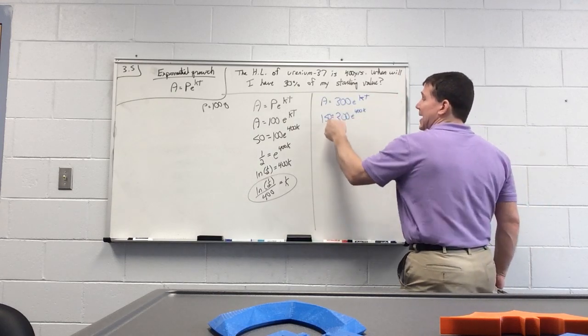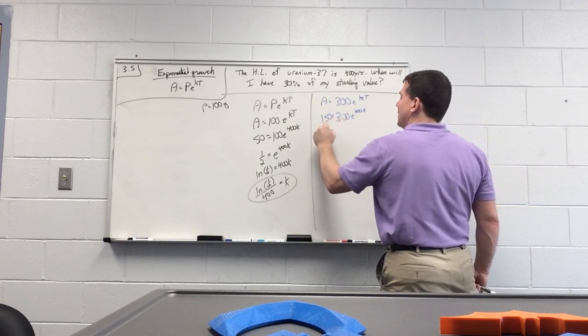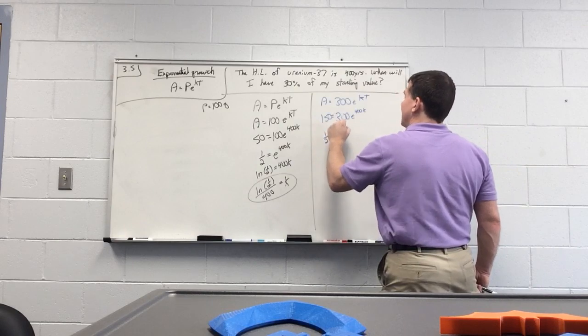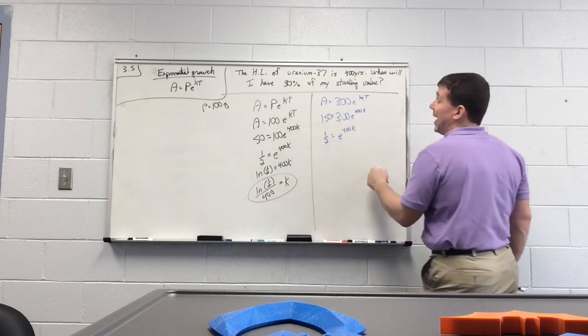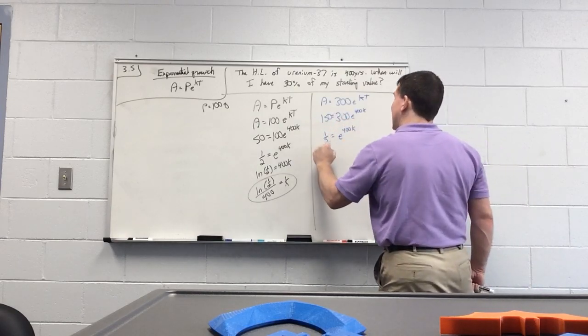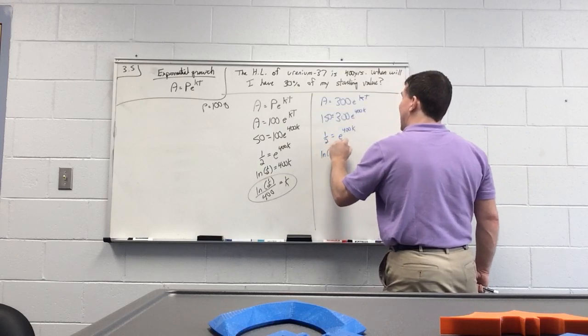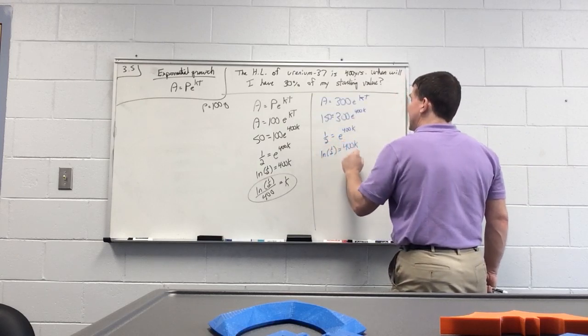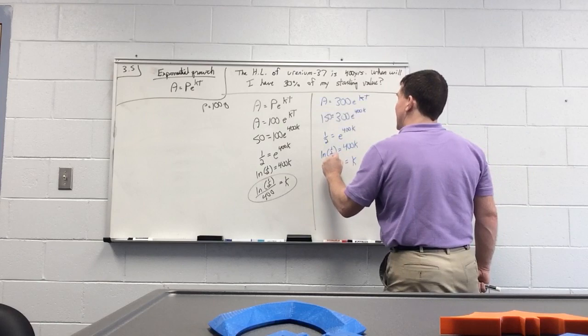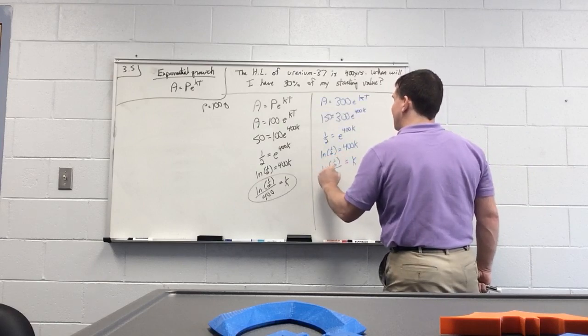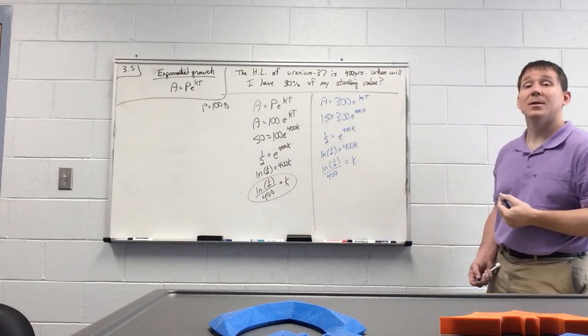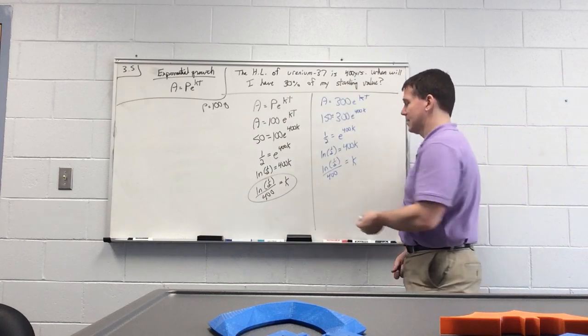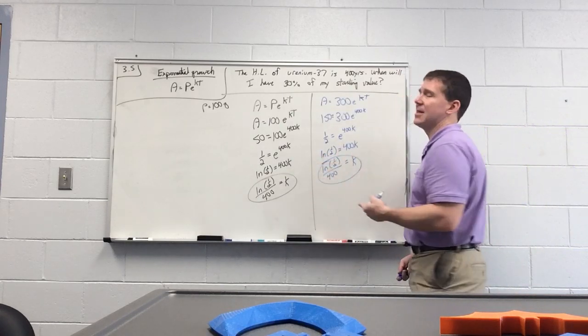But then to solve for k, I divide the 300. 150 divided by 300 is a half, equals e to the 400k. I take the ln of both sides. ln of a half is 400k. I divide the 400, and I get ln of a half over 400. Well, that's the exact same k I got there.